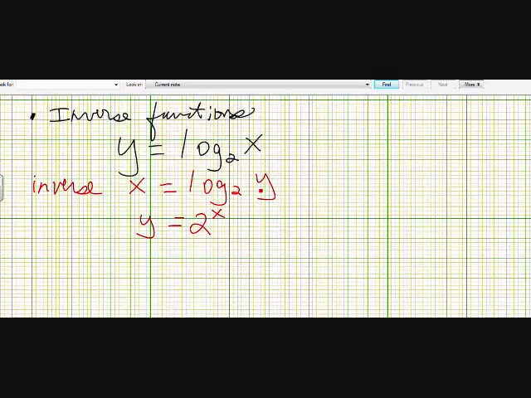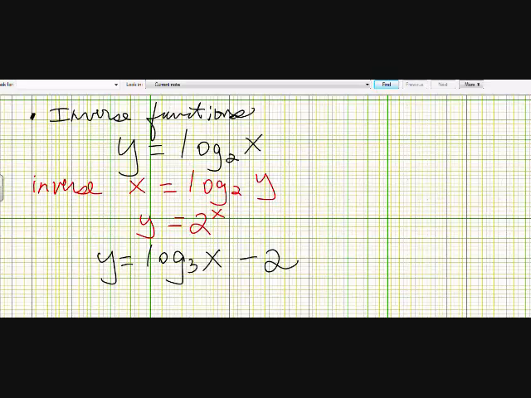You switch the y and the x and then solve for y. The first line I wrote was switching the y for the x. The next line that I wrote was solving for y. Of course they get a little bit harder. If I have something like y equals log base 3 of x minus 2, that minus 2 is not in the logarithm part.